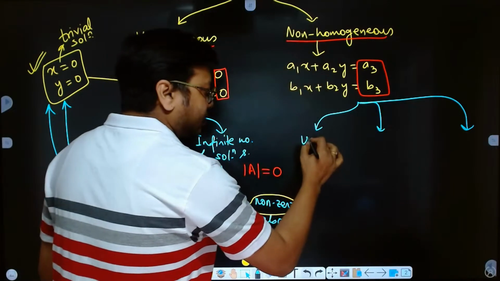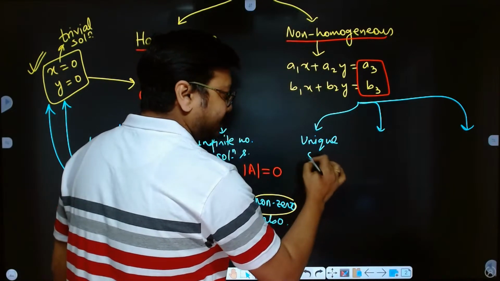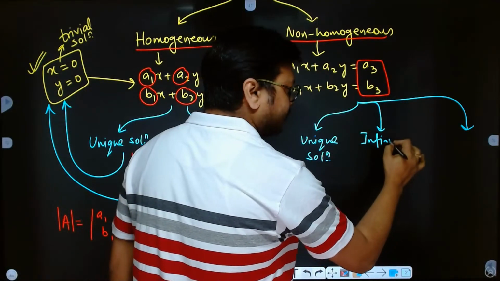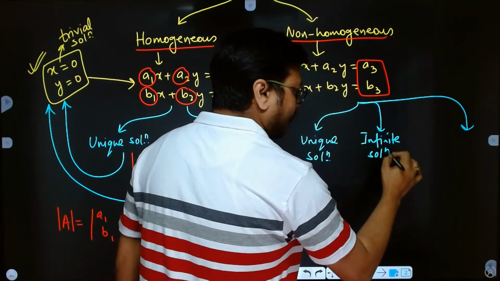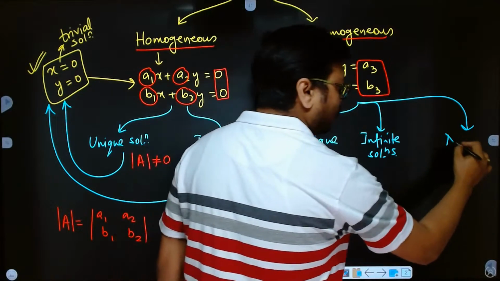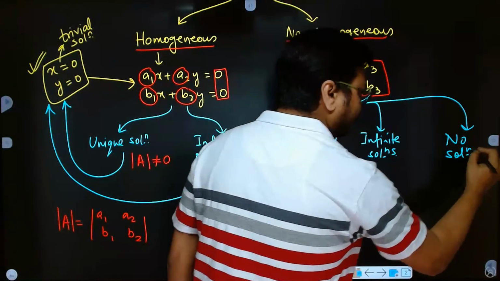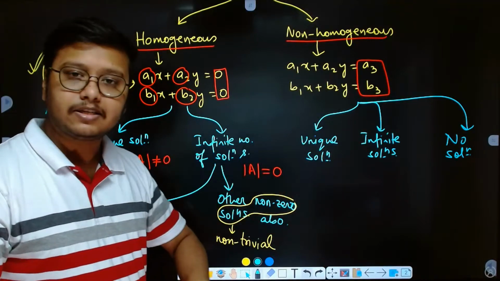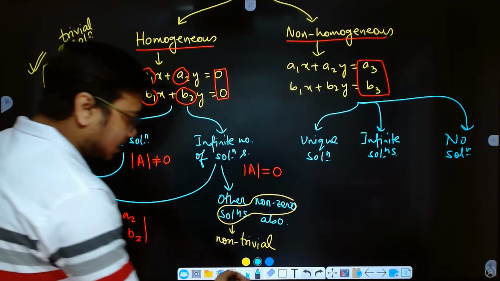First category is unique solution, which is the same as before. Second category is infinite solutions. And the third category is no solution. So now we have 3 categories for a non-homogeneous system of equations.